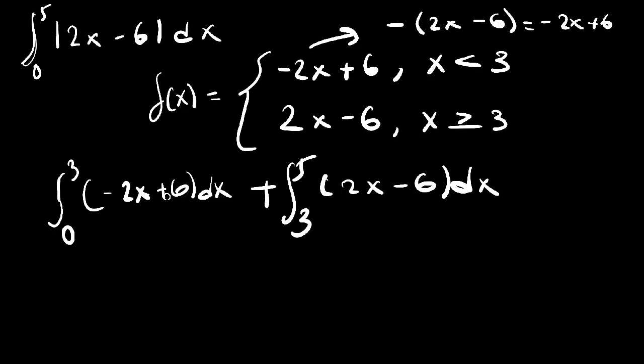So we have negative 2x plus 6 for this side from 0 to 3, anything below 3. Our a is going to be 0, this is our b, which is 5, and this is our c, which is 3, which we got by setting this equation equal to 0.